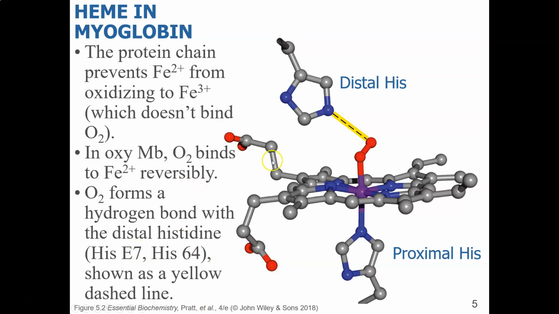Remember, oxygen binds reversibly as long as the iron is in the 2+ oxidation state. The protein chain prevents, or at least discourages, the oxidation of Fe2+ to Fe3+, because Fe3+ would not bind oxygen.